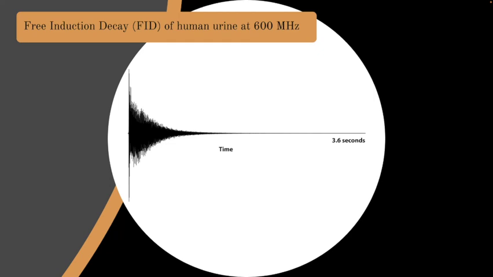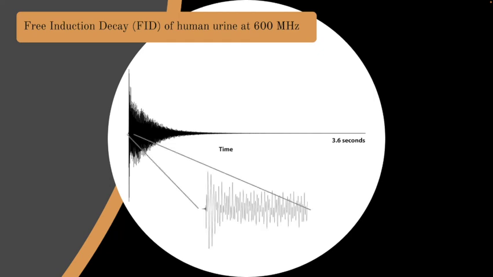We collect this for 3.6 seconds in the example shown here. This is what it looks like at the start of this FID. It's a much more complicated signal than the simple sine wave that's generated by the H2O. And this has the contributions of all of the different nuclei in the sample at once. That seems complicated.